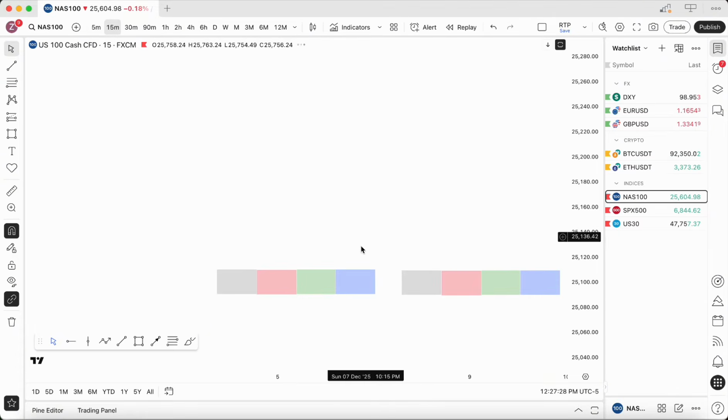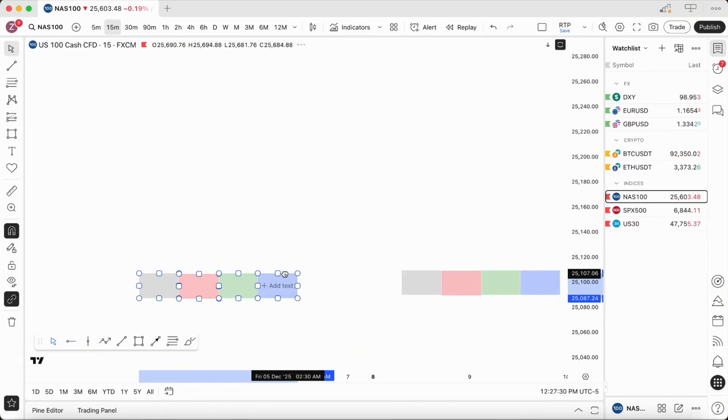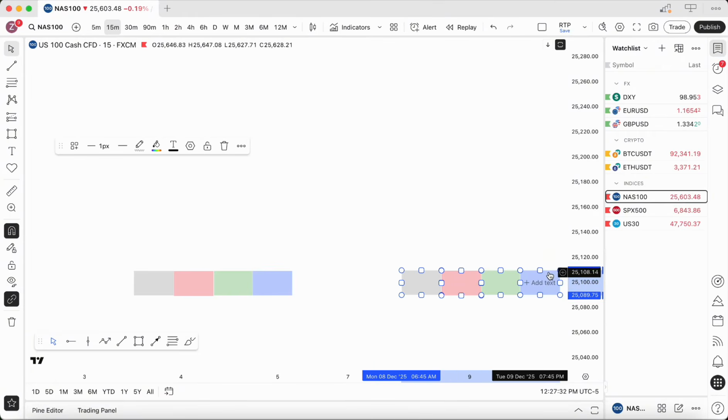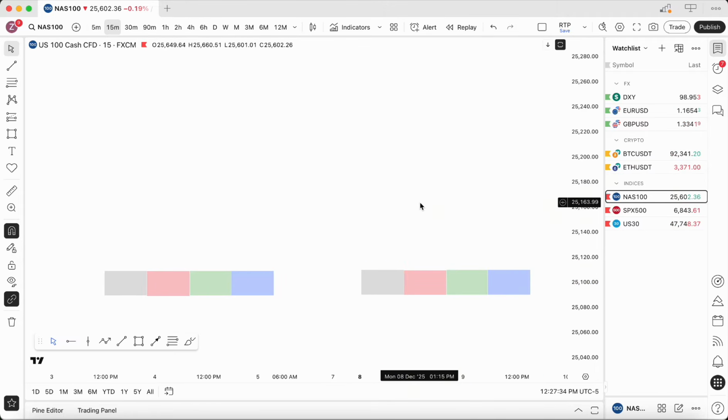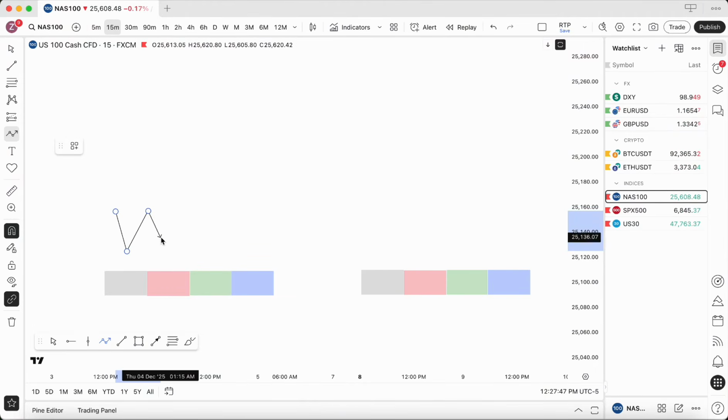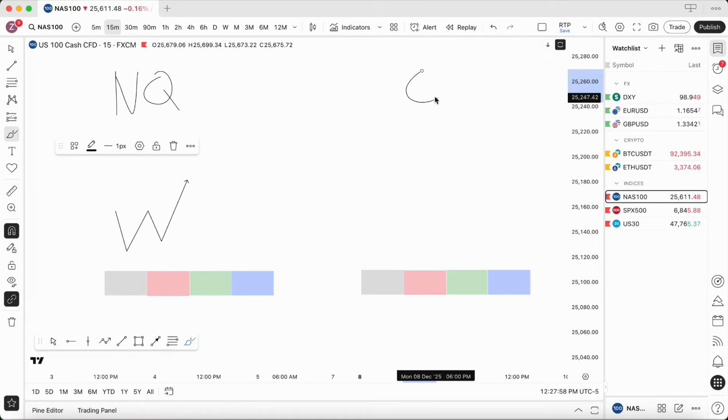It's the crack between, let's say, imagine 2 pairs to be more clear. Now it's SMT between the structure inside each quarter, which means Q1 can make a low and Q2 to be failure swing like this on Nasdaq, let's say NQ, and this is ES, right?